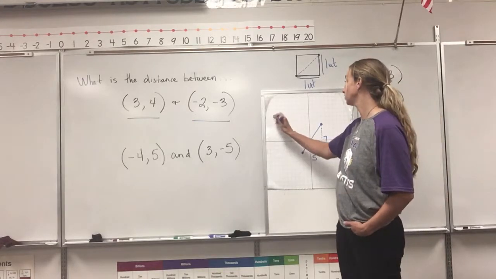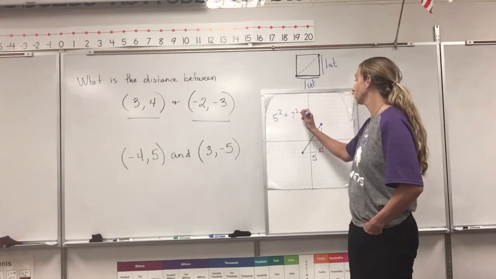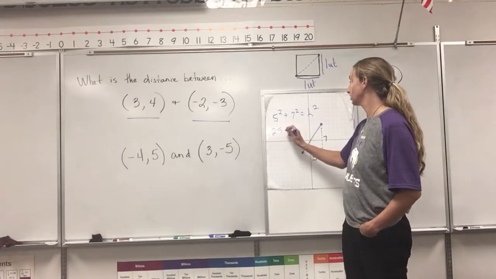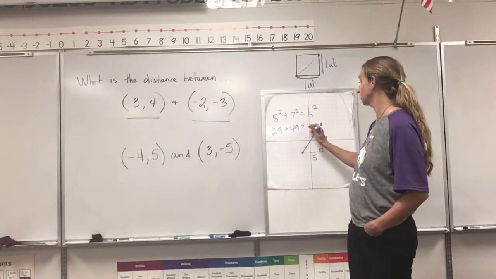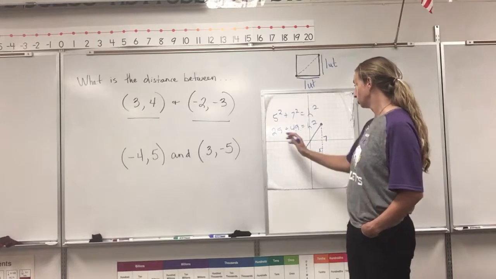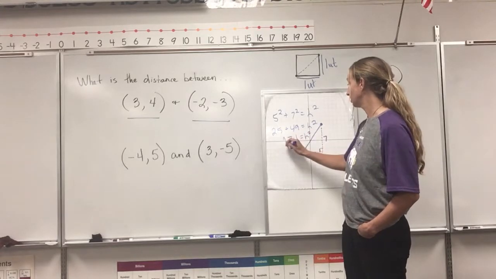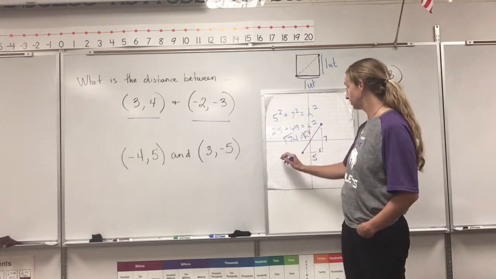So I'm going to do 5 squared plus 7 squared equals the hypotenuse squared. So 25 plus 49 equals the hypotenuse squared. 25 plus 49 is 74. I'm going to find the square root of both sides.